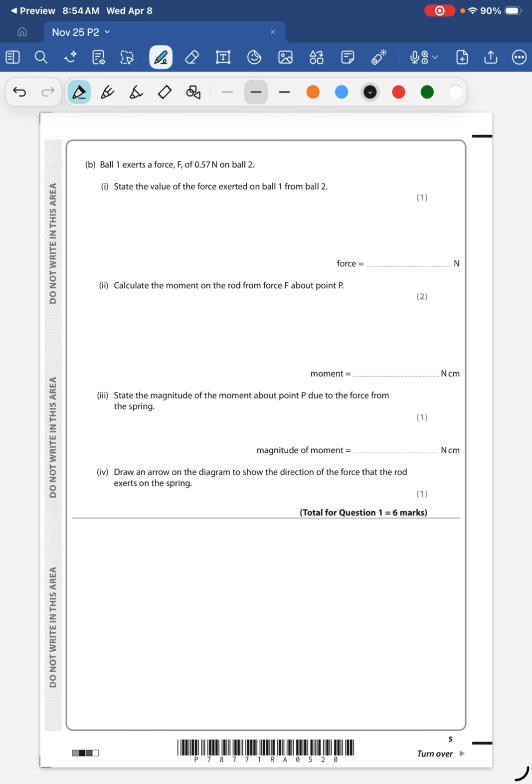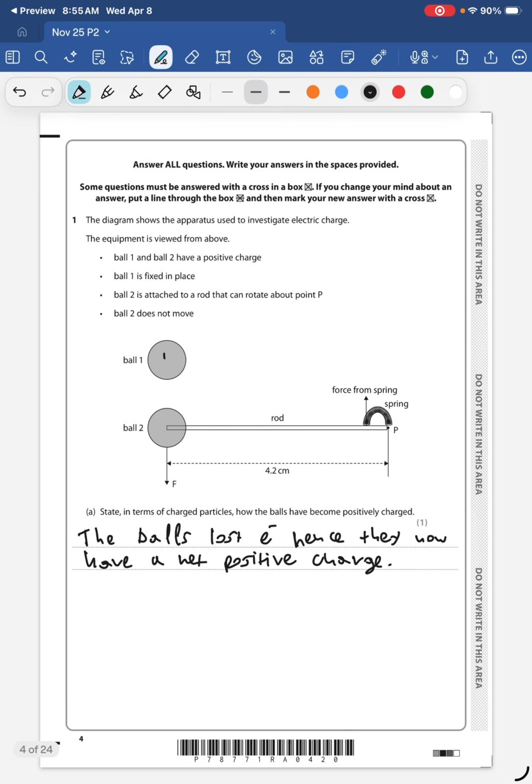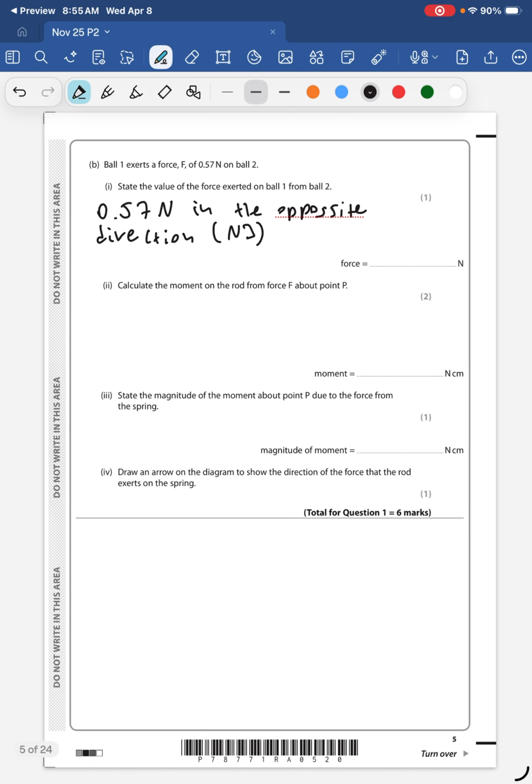I'm sorry, I don't know why I hesitated, and it's in the opposite direction. So 0.57 newtons in the opposite direction. And we can write in parentheses that they obey Newton's third law. And if you want to draw the forces, there is a force like that.